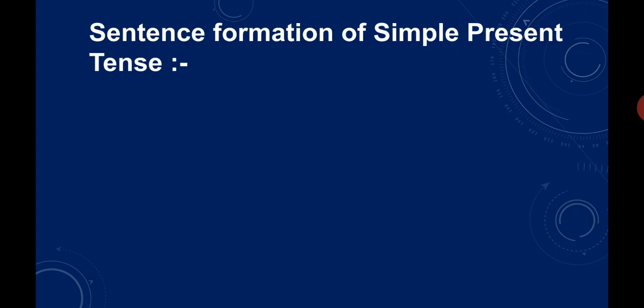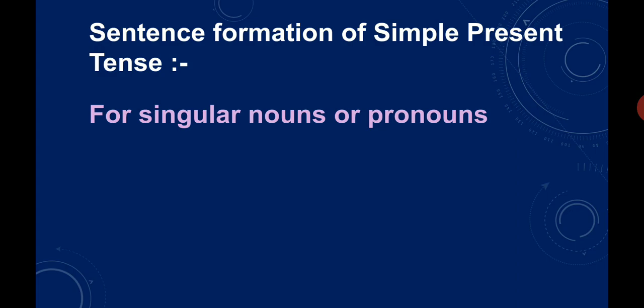Let's see the sentence formation of the simple present tense. For singular nouns and pronouns, what will be the sentence formation? Just remember one thing, whenever a sentence is written, mostly the subject will be at the beginning of the sentence.